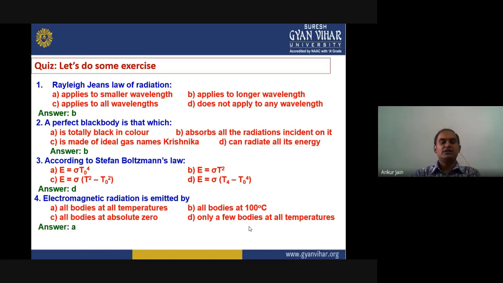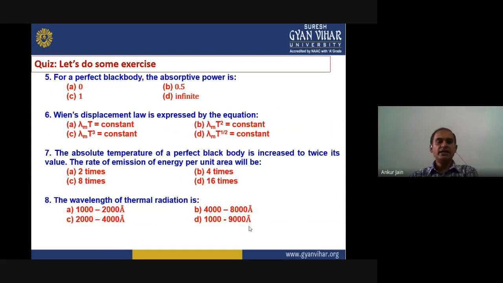So the right answer is option A. Next question is, for a perfect black body, the absorptive power is 0, 0.5, 1, or infinite. So from the definition of perfect black body, that is the body which can absorb all the radiation incident on the surface of it. So that means it is 100%, or we can write the absorptive power is 1 for the perfect black body. So right answer is option C.